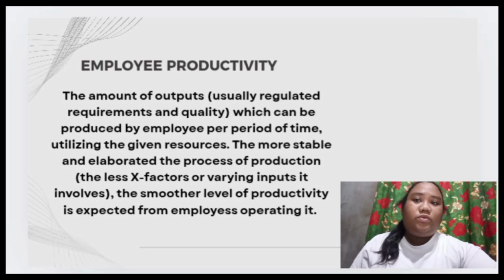Productivity also improves when the work process is stable, organized, and has fewer interruptions or unexpected issues. In simple terms, employee productivity is how much quality work someone can consistently produce when everything in their work environment runs smoothly.